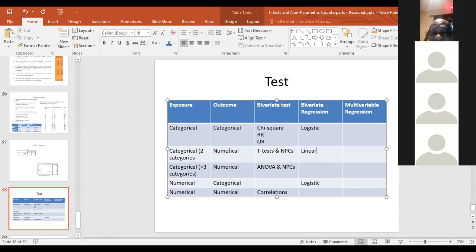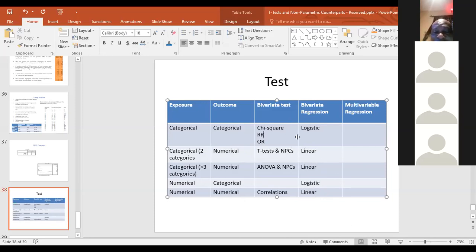Now here is linear regression, since the outcome is numerical. The regression you do here is linear also, because the outcome is numerical. So you see, the type of regression you do is a function of the type of outcome variable.